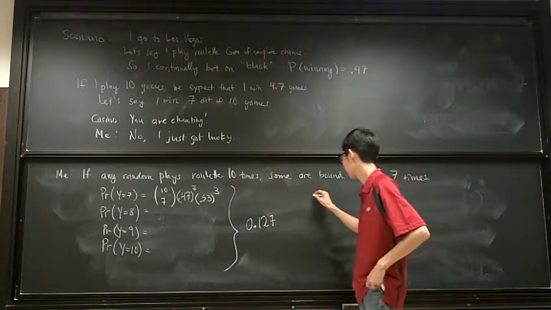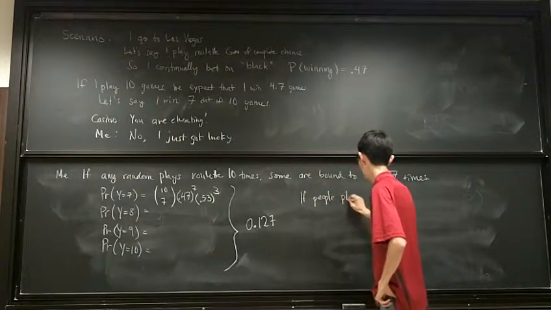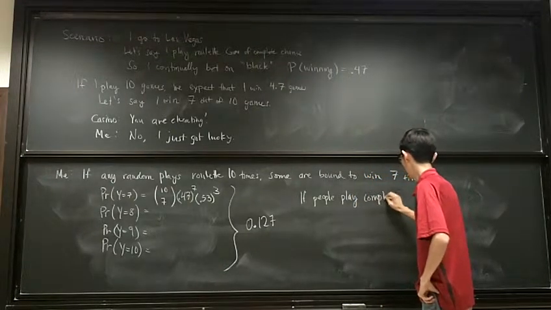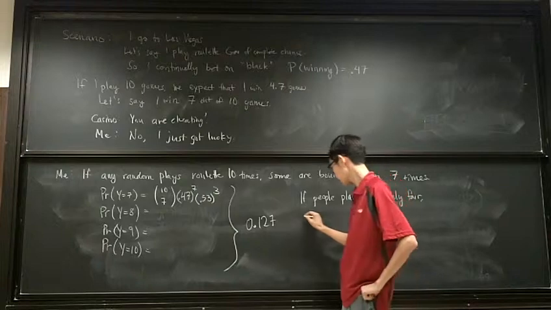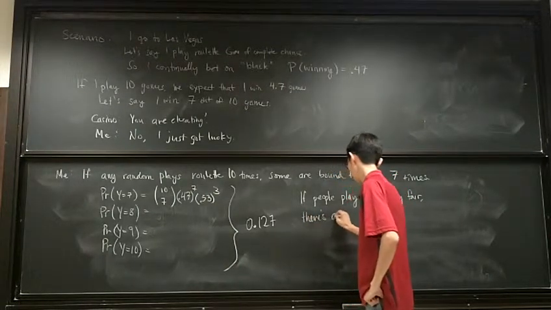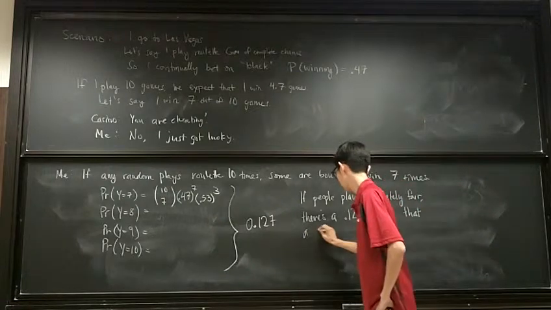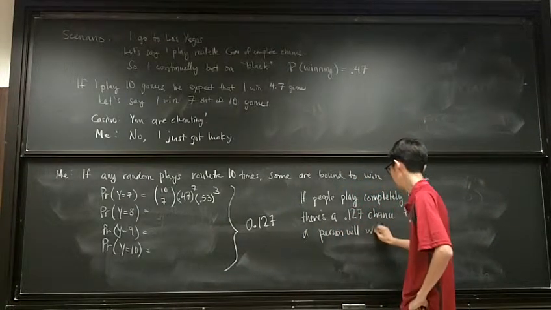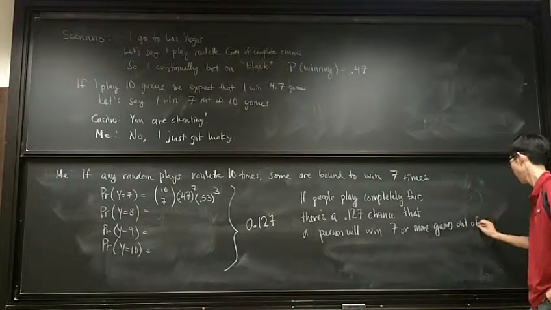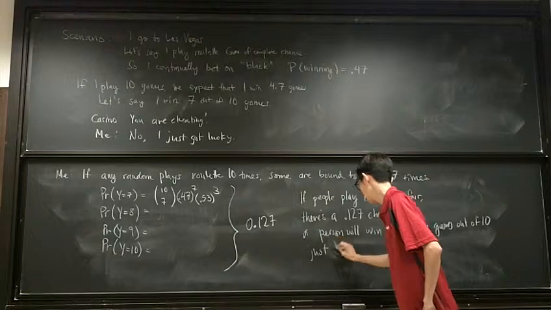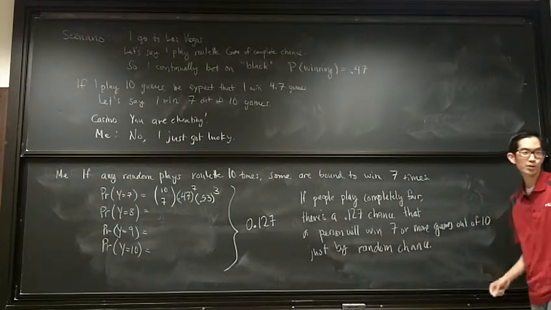So this says if people play completely fair, there's a 0.127 chance they will win 7 or more games out of 10 just by random chance. Okay? Just by random chance, or what we might call luck.